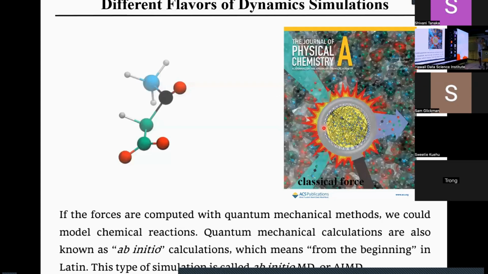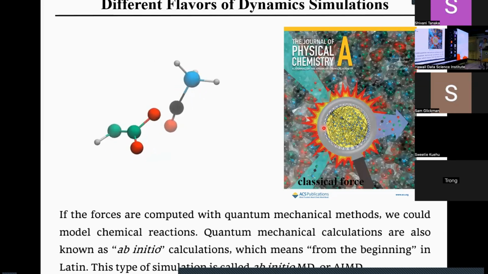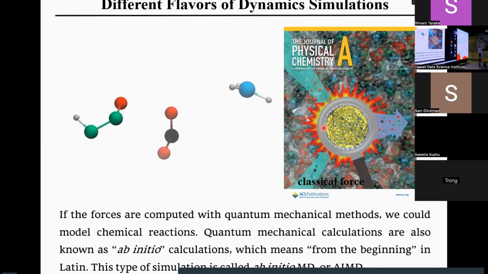Here, this system has 10, 11 atoms; the previous one had 1 million. You can still do the simulation, and you can see the atoms rearranging. You can have chemical reactions right in front of your screen.